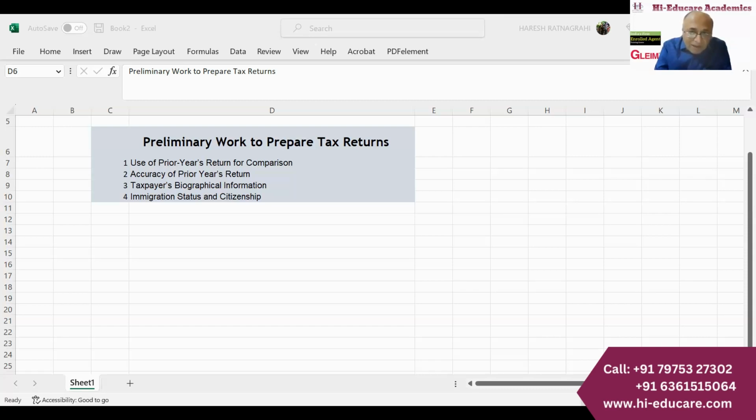Obviously, there are some ethics involved, right? If you find some omission or some error, you should point it out immediately, because ethical conduct is very important for the tax preparer. So obviously, you suggest the client file an amended return.